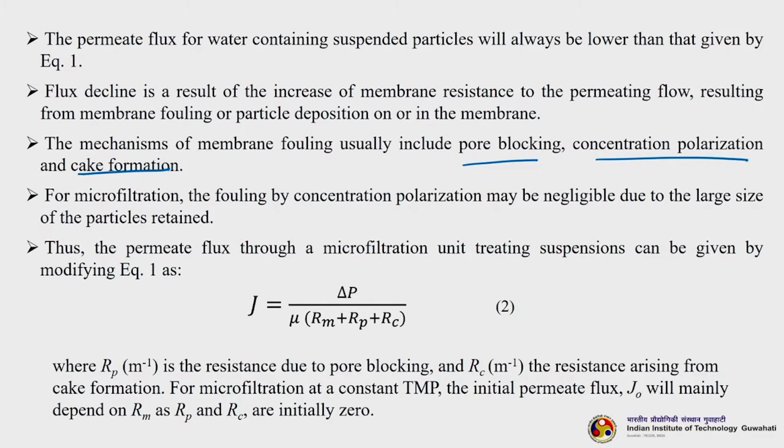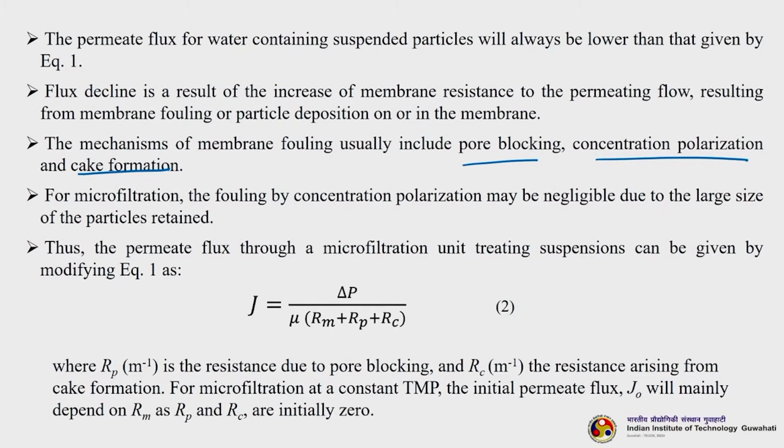Initially there will be deposition on the surface, slowly the deposition amount becomes more, then a cake forms, then a gel layer forms, and subsequently they gradually lead to fouling. For microfiltration, fouling by concentration polarization may be negligible due to the large size of the particles retained.